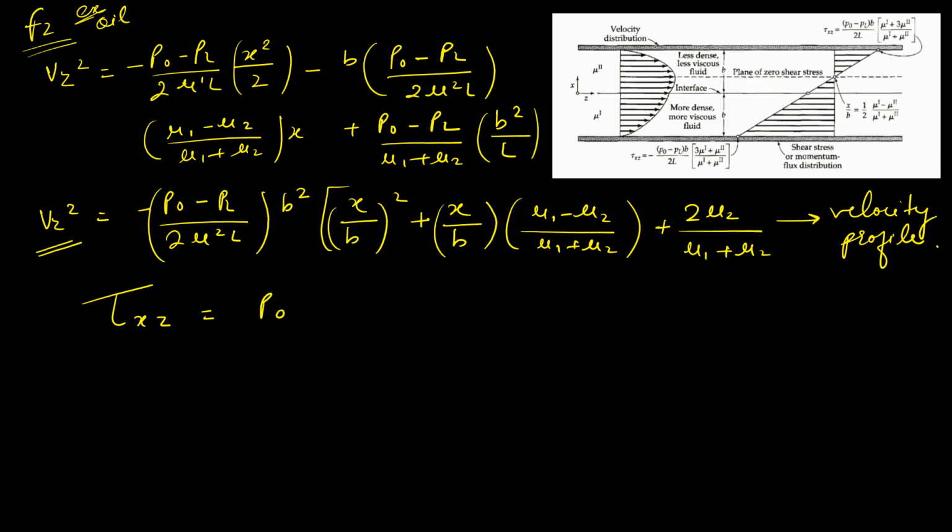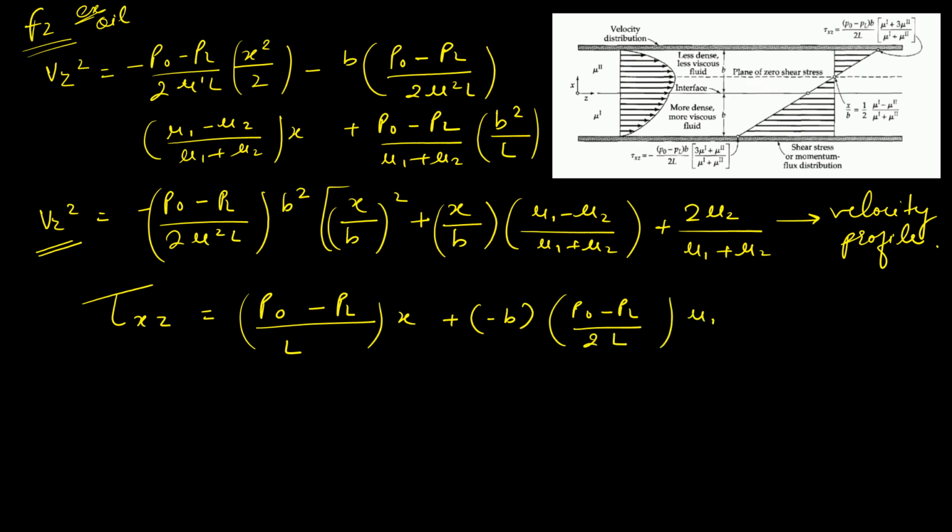So shear stress becomes (P naught minus PL) upon L into x plus minus b into (P naught minus PL) upon 2L into (mu1 minus mu2) upon (mu1 plus mu2).